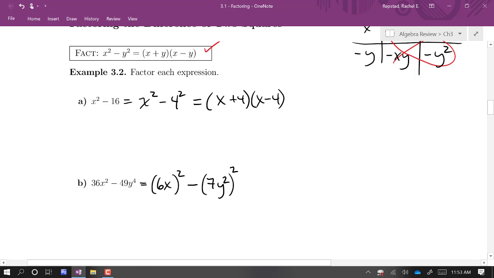Take a second and just convince yourself that's true, right? Using your rules of exponents, you could multiply out these squares and see that gives you the original expression. But now that I've written it as a difference of squares, I'm going to factor it. So we have 6x plus 7y squared times 6x minus 7y squared.